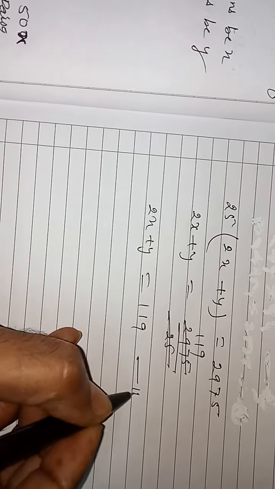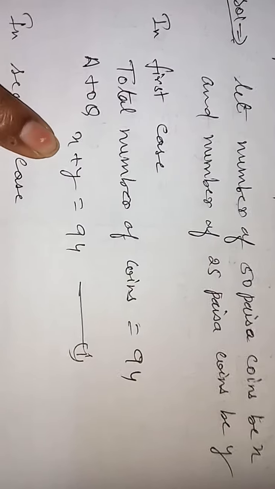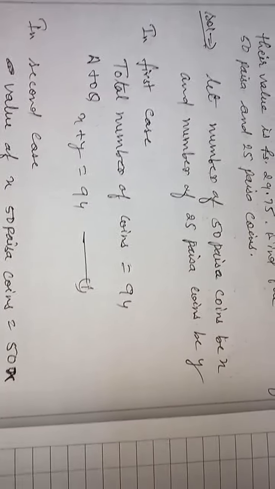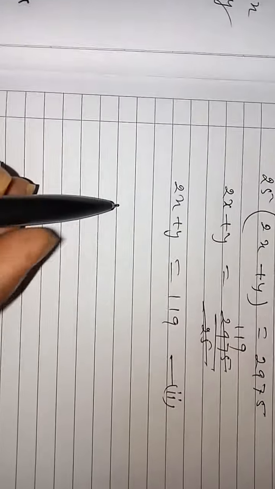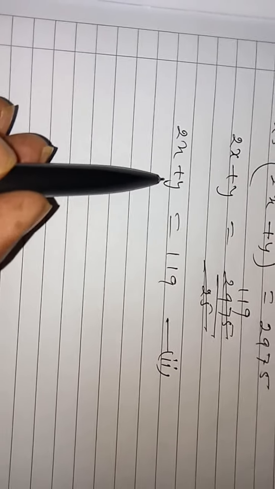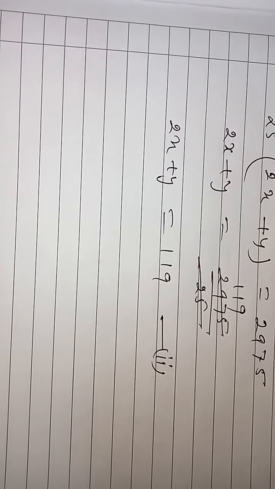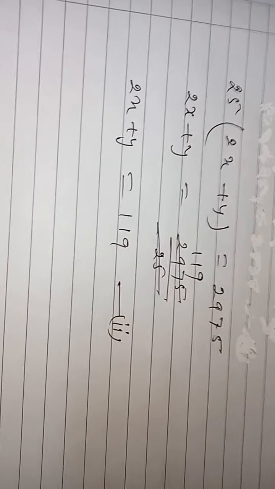This is equation second, and this is equation first. Both equations have two variables. Out of the two variables, the coefficient of y is equal and the sign is the same, that's why we have to subtract.